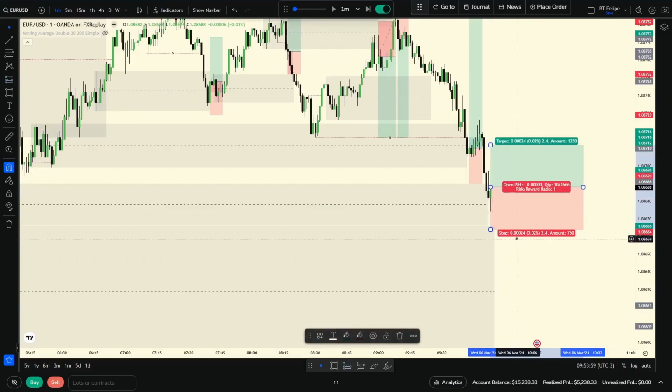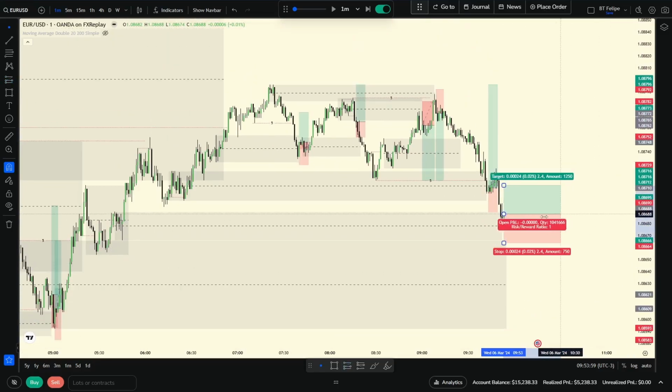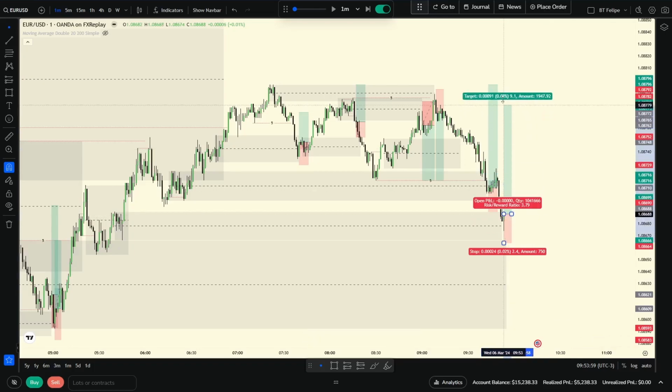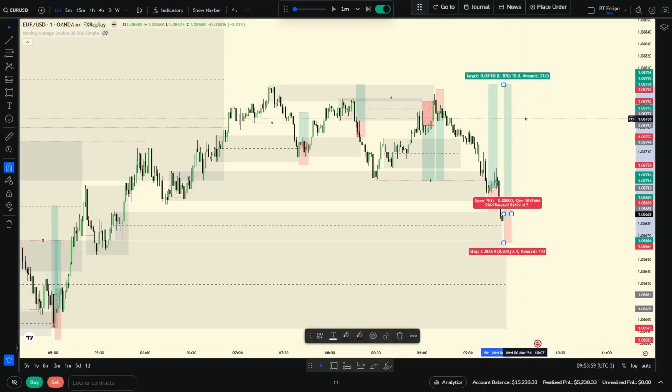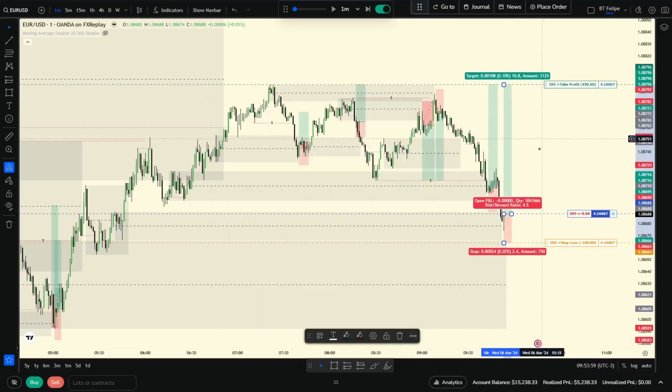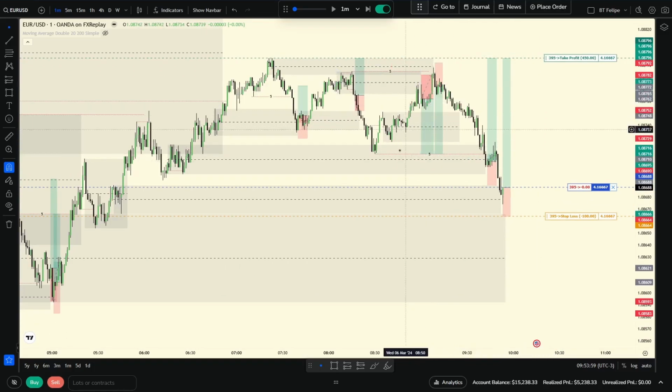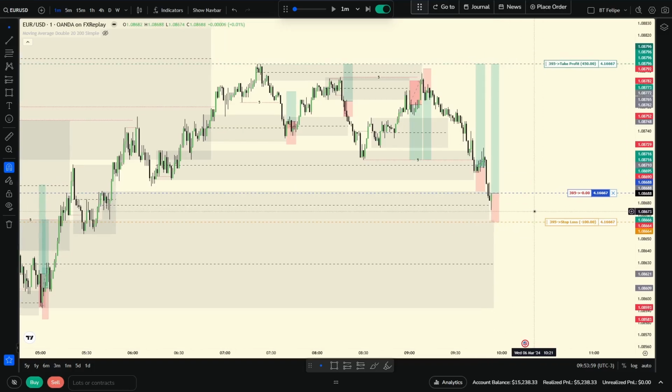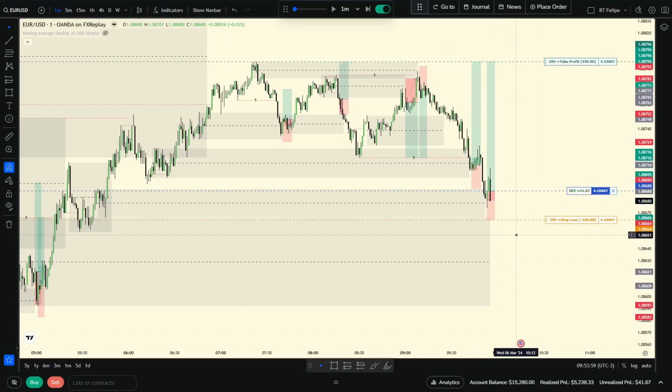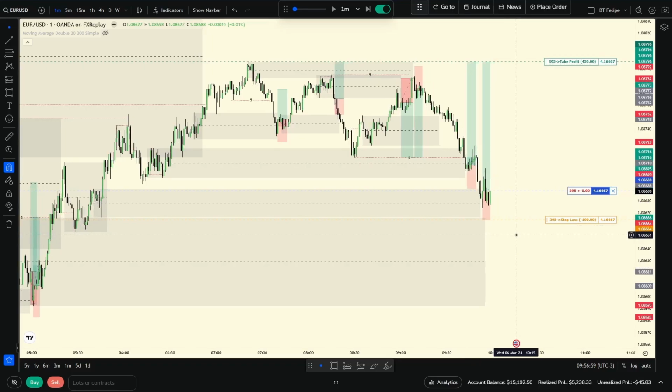I will try again. 24 point stop loss. Maybe this one can go up. I'm trying just because of the inverse manipulation, tapping the POI. But it can just drop as well.